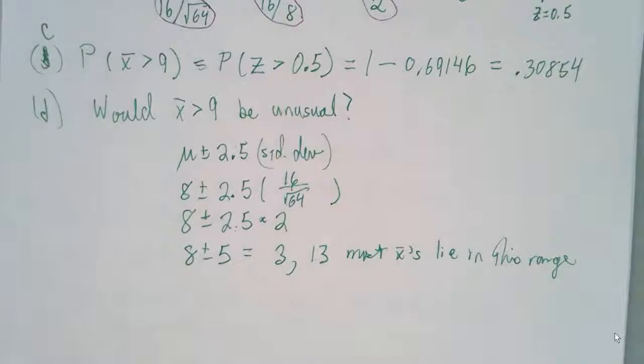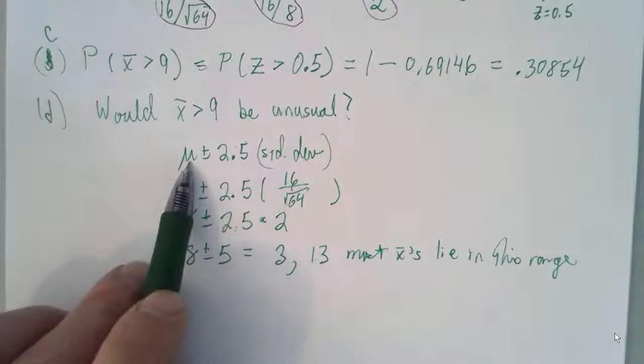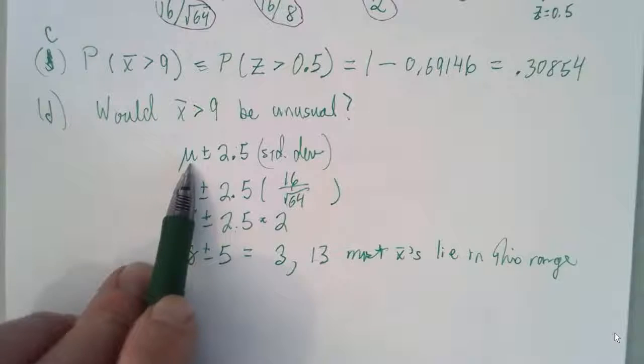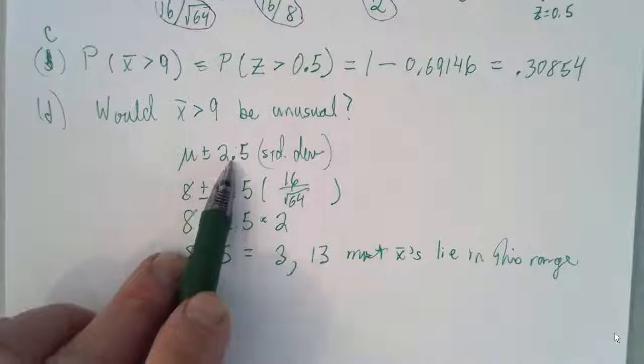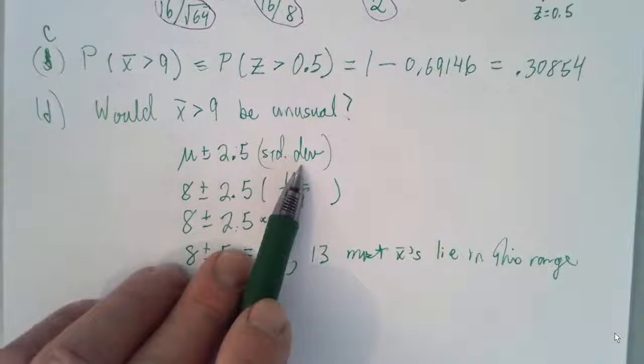There is another way to answer that question, though, and that is we have a general rule of thumb that tells us this: with normal distributions, most observations are going to fall between about the mean and plus or minus 2 standard deviations.